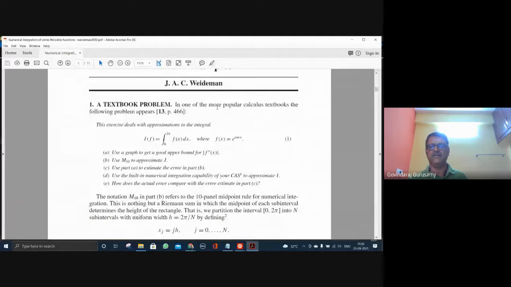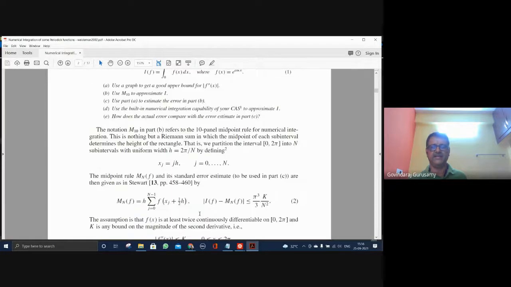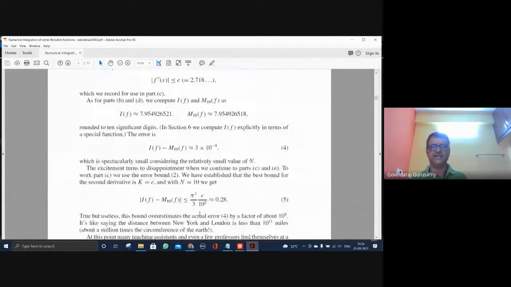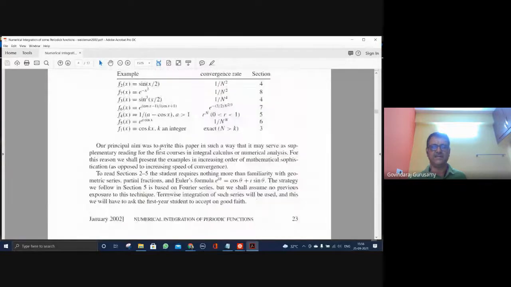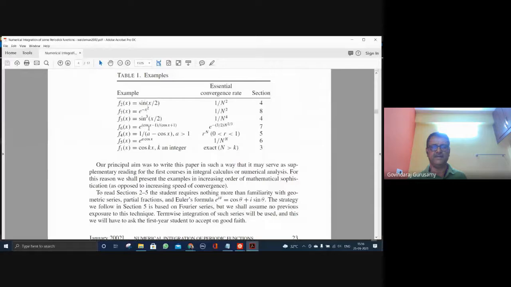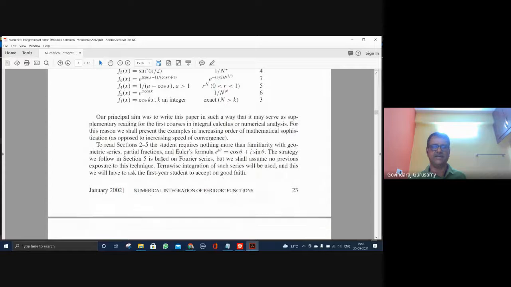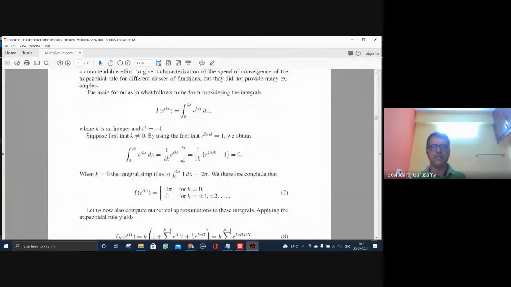In fact, this is one of the more popular calculus textbook problems, systematically done, then selects various methods. So some preliminaries have been described, and all possible periodic functions are taken. Okay. Convergence rate. So what is the rate of convergence? And then he has given some sections where it is being described. If it is a complex function, how do you do it?